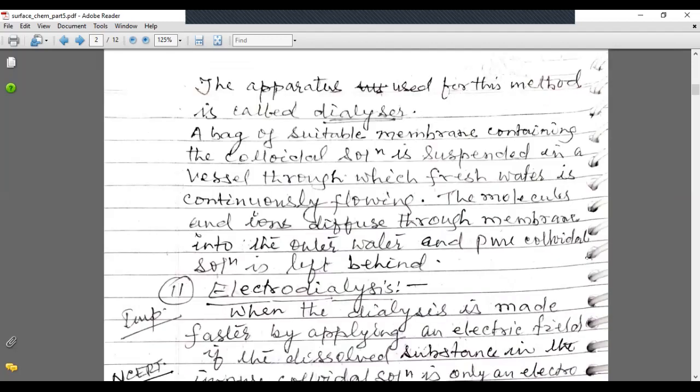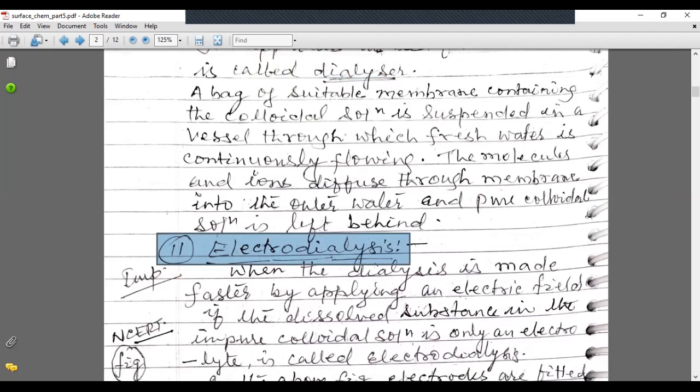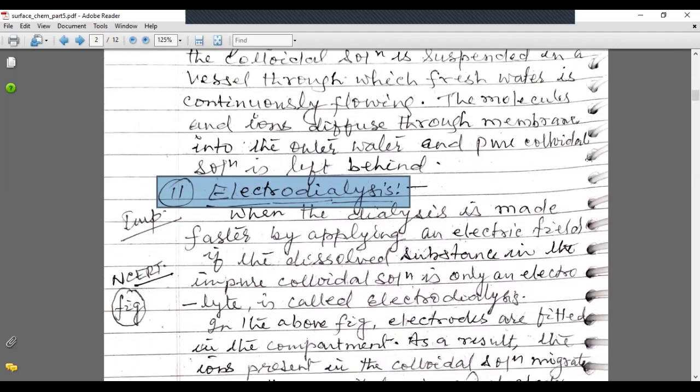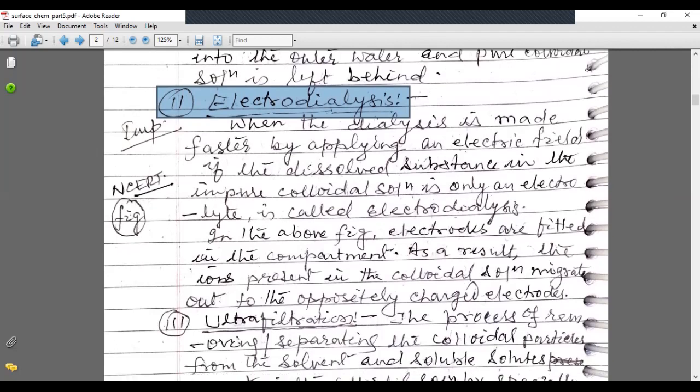Now the next method is electrodialysis. When the same dialysis is done with the help of electricity to speed up the process, then it is known as electrodialysis.